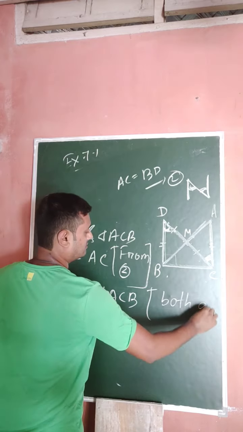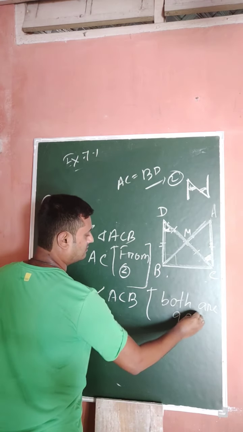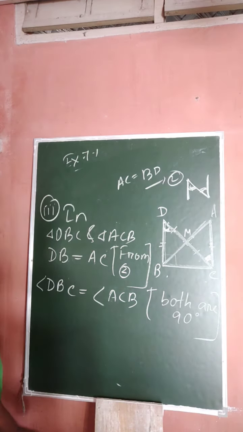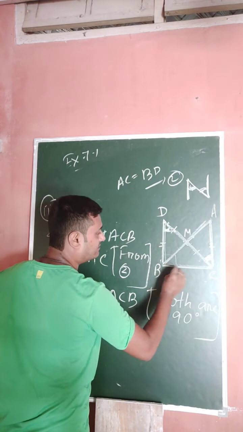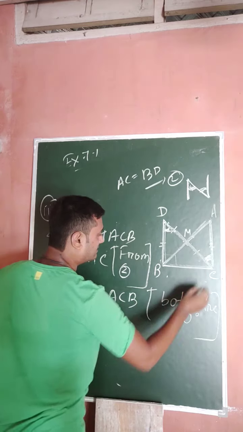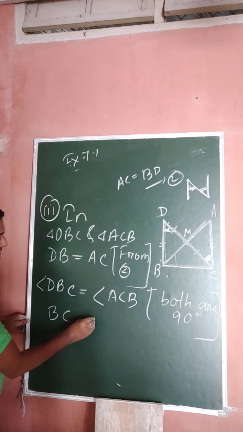Right? Both are 90 degrees. Okay, and now look at BC, this side. From triangle DBC it is BC and from triangle ACB it is CB. So BC is equal to CB.